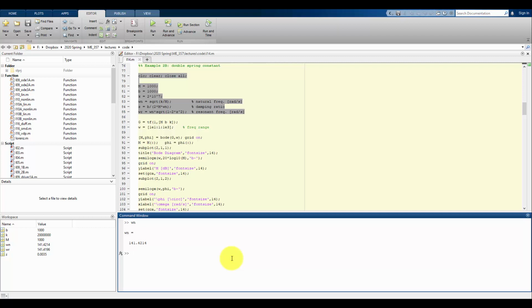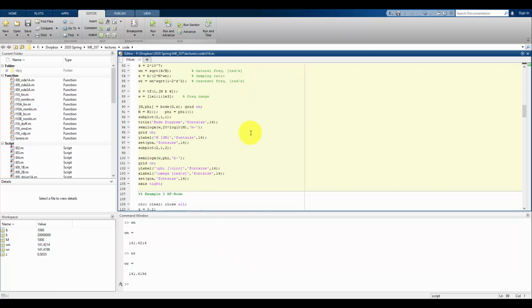Doubling K increased our natural frequency by a factor of √2. Again, we have very low damping, so the resonant frequency is more or less the same as the natural frequency. So we've shifted the resonant frequency of this system by doubling the spring constant, and everything else is identical.